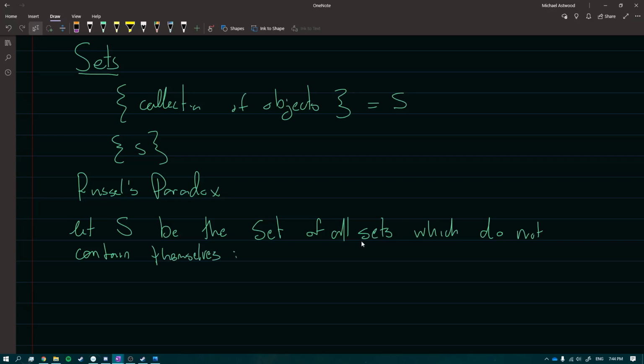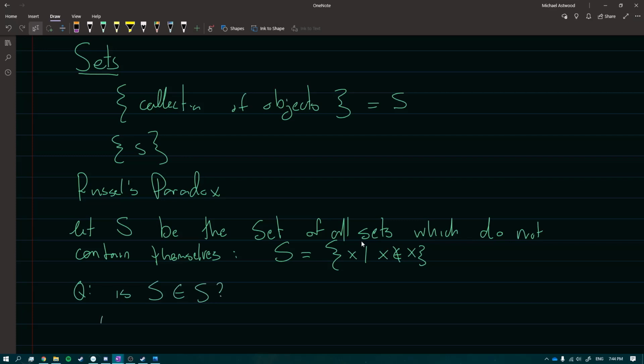So S is equal to the set of x such that x is not an element of x. Now, the question is, is S an element of S?